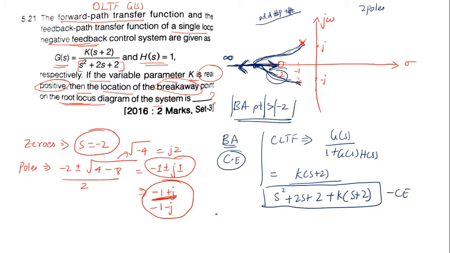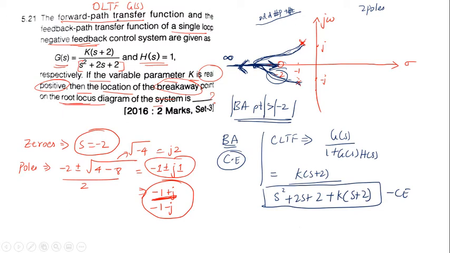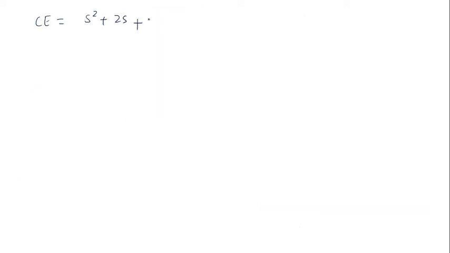Let me write it on the next slide. The characteristic equation is s square plus 2s plus 2 plus K into (s plus 2).